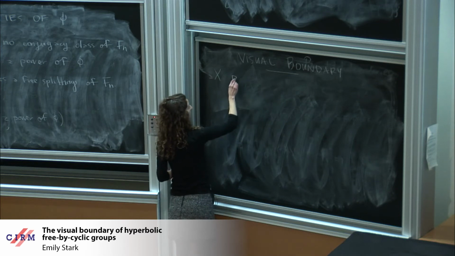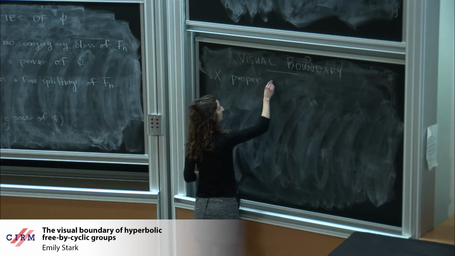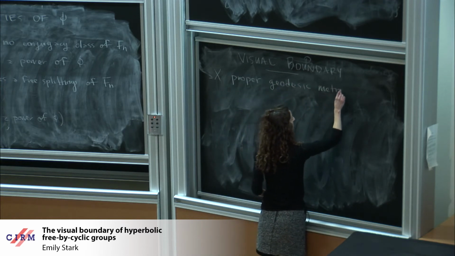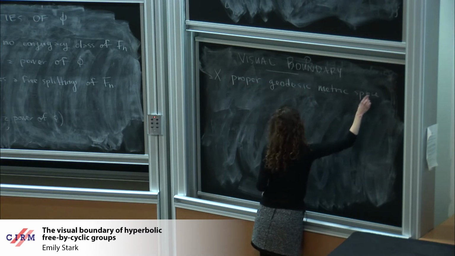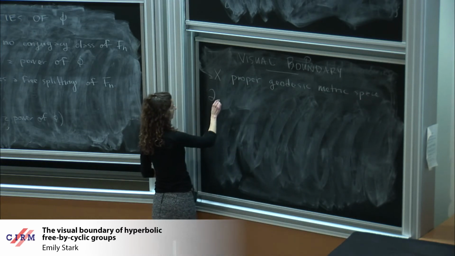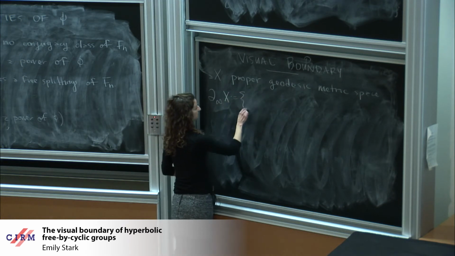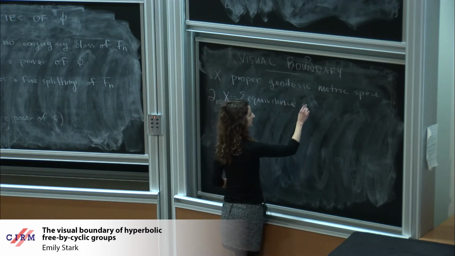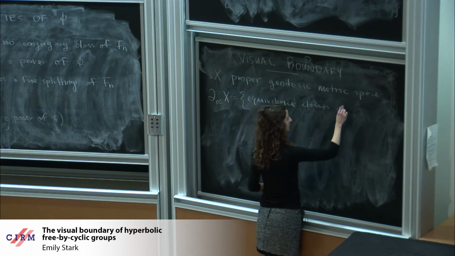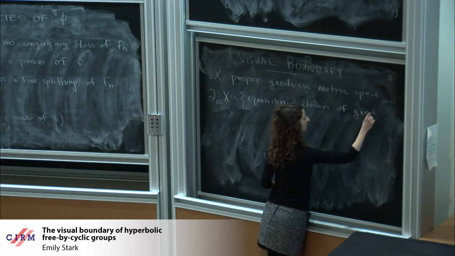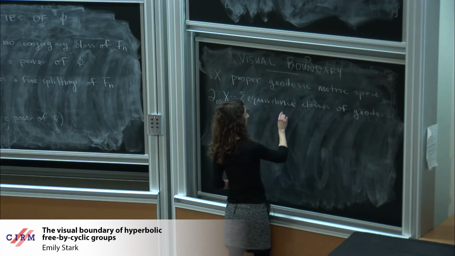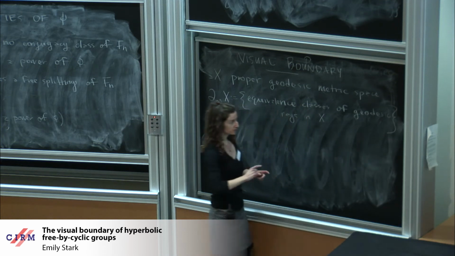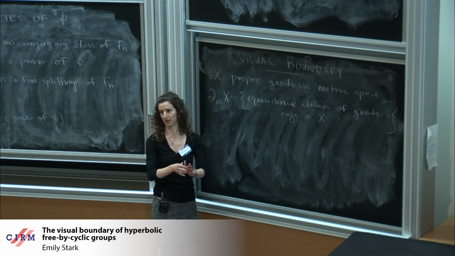If X is a proper geodesic metric space, then the visual boundary of X is defined to be the set of equivalence classes of geodesic rays in X, where two rays are equivalent if their Hausdorff distance is bounded.